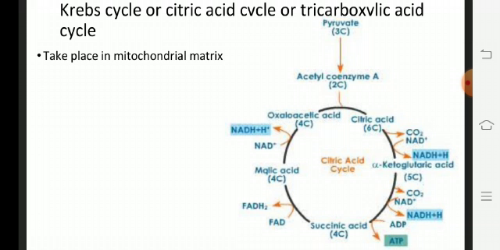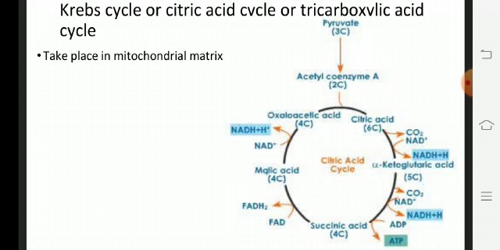This citric acid contains 3 carboxylic groups. That's why it is called the tricarboxylic acid cycle.